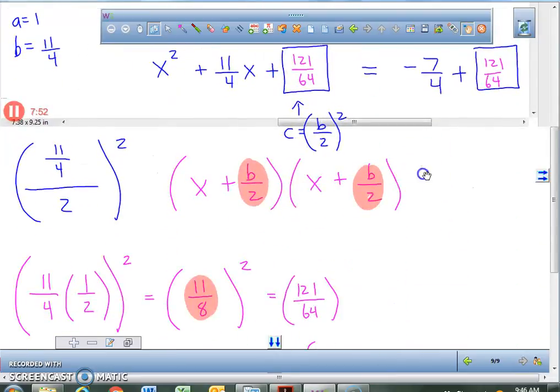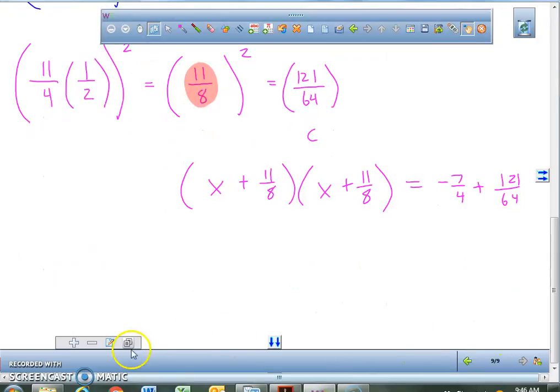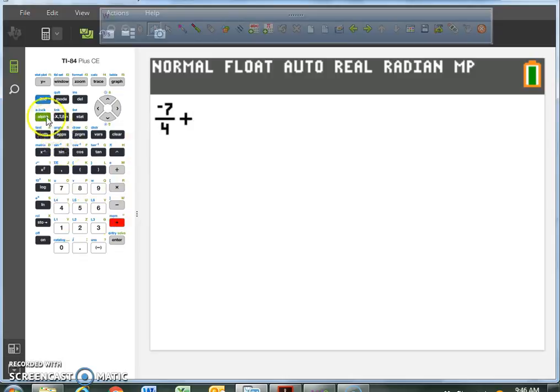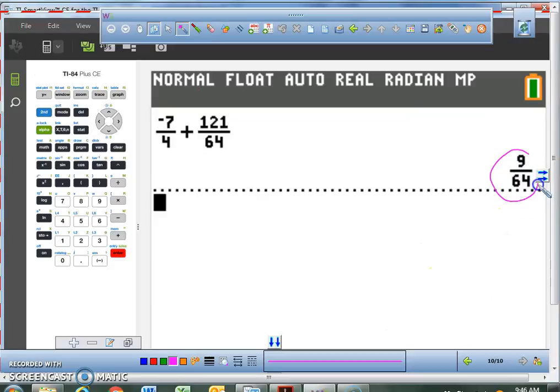Oh, no, I didn't. It is negative 7 fourths. Just making sure. All right, calculator, clear this out. Negative 7 over 4 plus alpha y equals enter. We had 121 over 64. Press enter, and automatically the calculator spits out 9 over 64. So you could use your calculator to help you out.